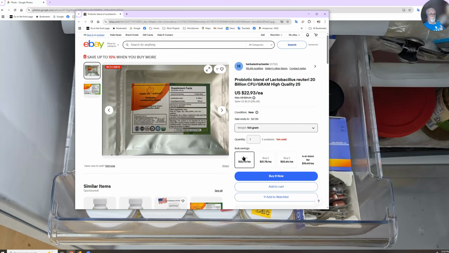Now, that has caused me to fall in love with this provider, because basically you're not paying for bottling or shipping. You're paying for the probiotic, and the probiotic comes directly from their factory, fresh, sent to you, which is absolutely, this is not a paid advertisement. I love it because it is the ideal situation. Good cost, low cost.